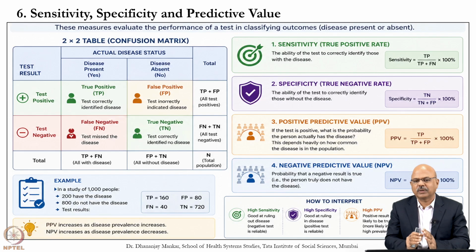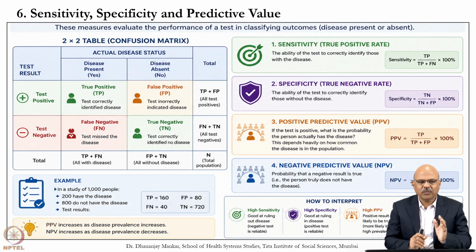Then positive predictive value, PPV: where the test is positive, what is the probability the person actually has the disease? It depends heavily on how common the disease is in the population, and the formula is TP divided by TP plus FP, multiplied by 100%.